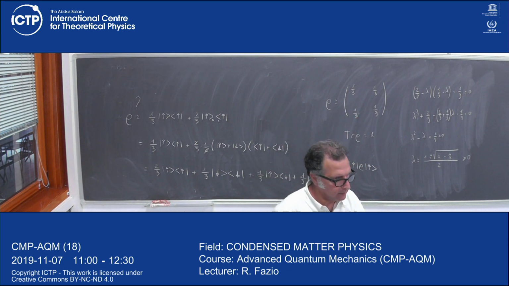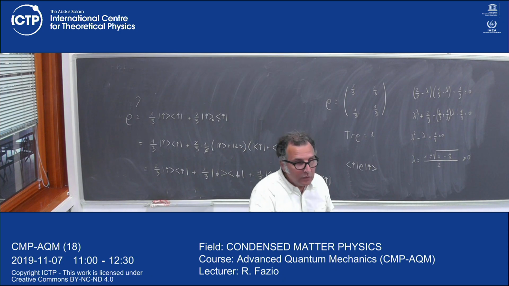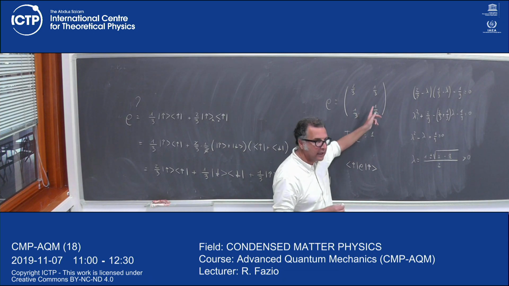Classically, if you throw coins, or you throw a die, then you get probabilities to get 1, 2, 3, 4, 5, 6, with some probabilities. Now, in quantum mechanics, the fact that you have superposition tells you that you may have off-diagonal terms.